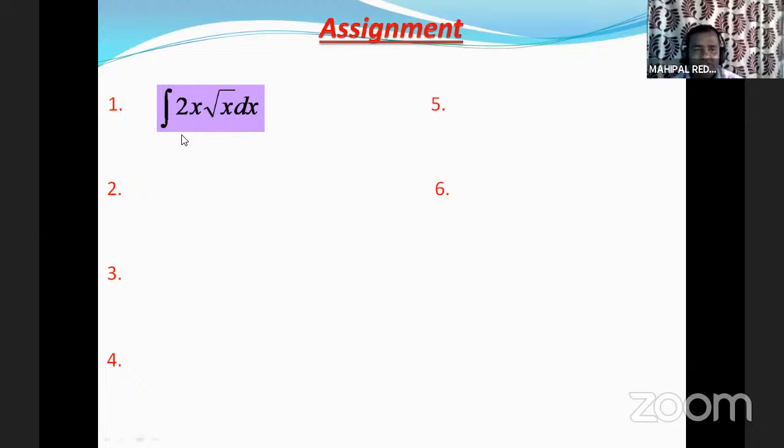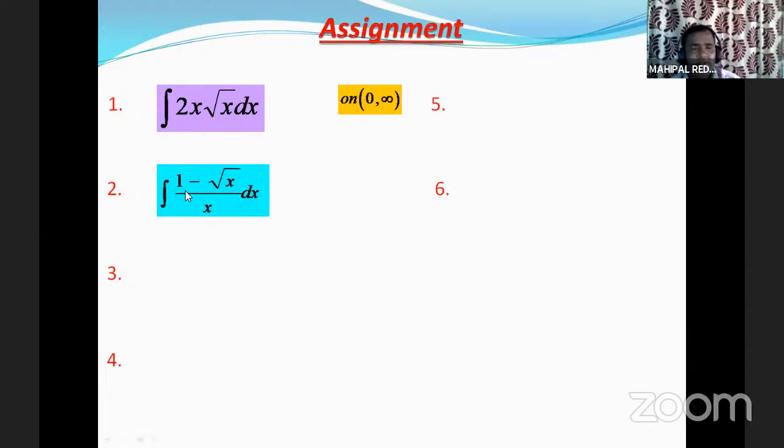Children, I have to give some homework. This is the assignment. Today's assignment is: evaluate the following integrals. The first question is integration of 2x into root x dx, and the second one is integration of 1 minus root x by x dx.